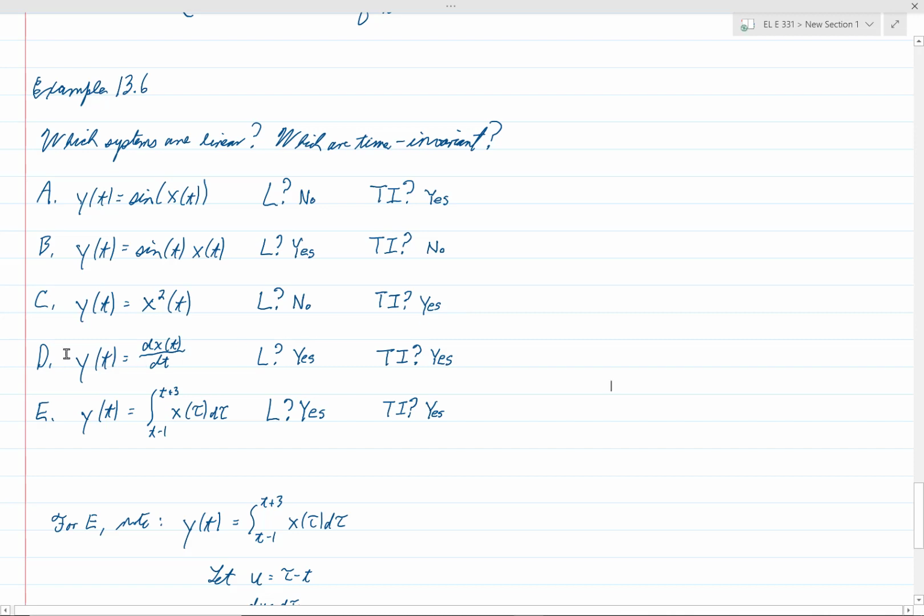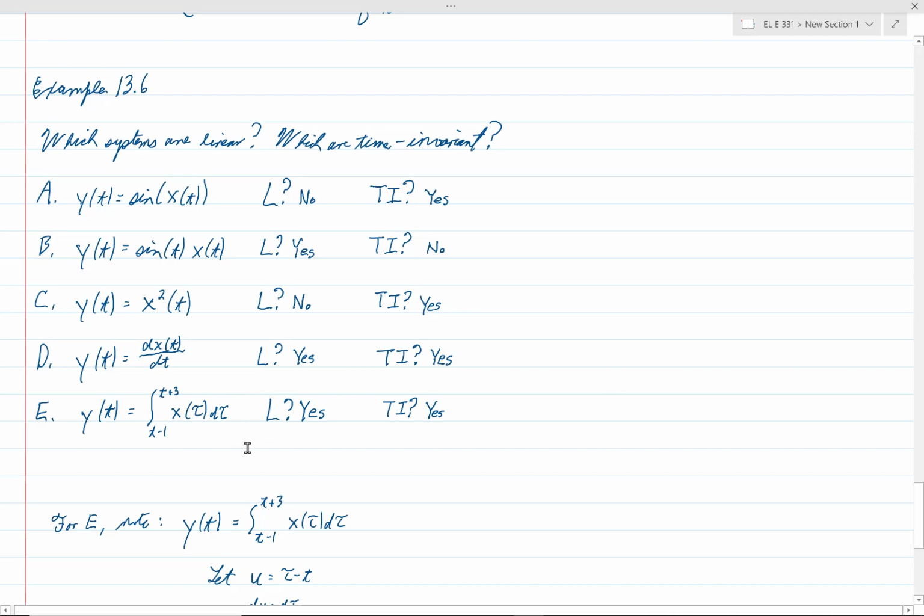And finally, for D and E, both of these systems are both linear and time invariant. Now, I think it's easy to see for D, and even for E, that this system is linear. But how do we see that it's time invariant?